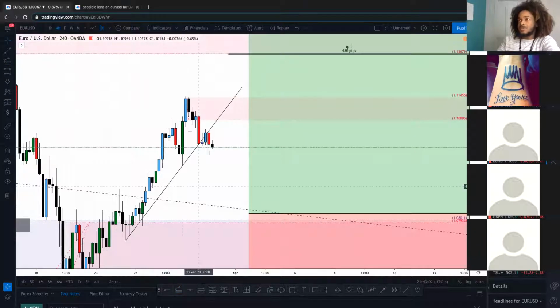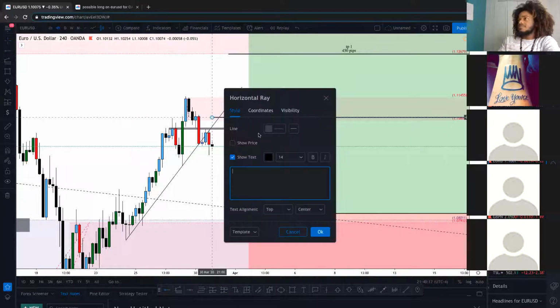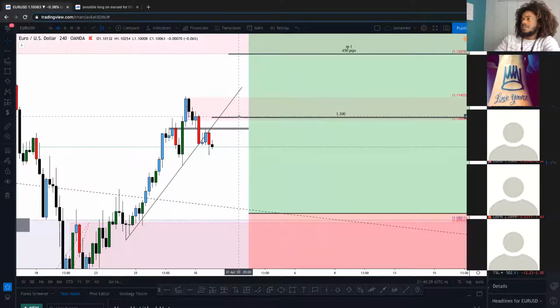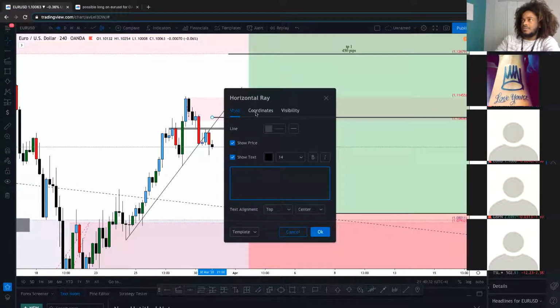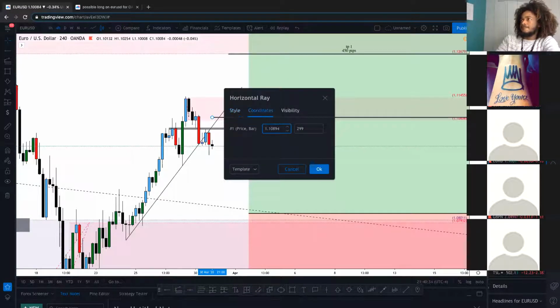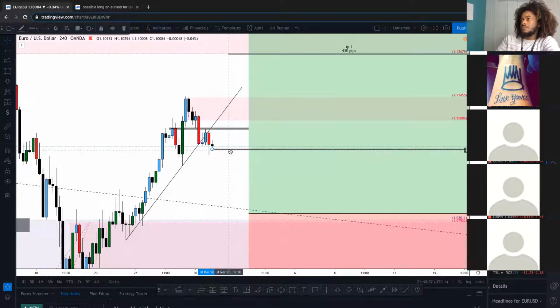In addition to that, we have a typical head and shoulders. And then we probably have a quarterly figure somewhere inside there, right? Let me just see. For price, I do 1.100. Okay, nope.